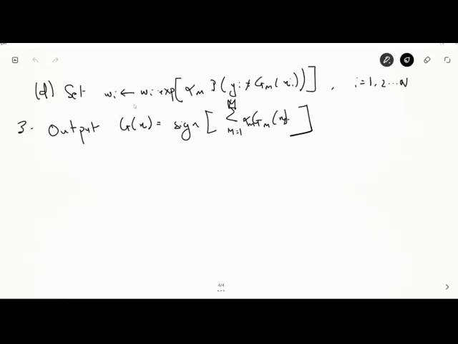So we are modifying the weights by a factor of exponential of alpha m whenever there is a misclassification. That's all it is. And now the output G(x) is given by this formula. So that is more or less it about AdaBoost.